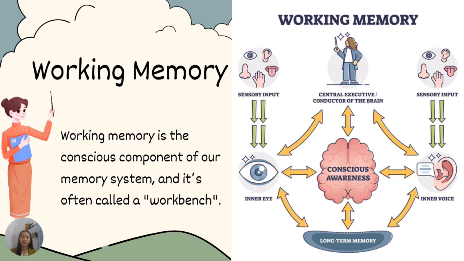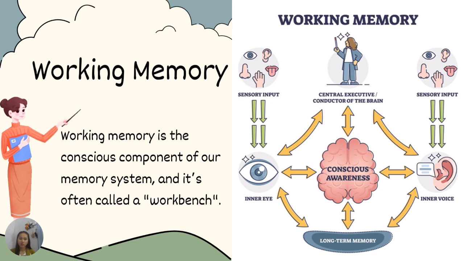To make sense of the experiences, learners construct knowledge. It is the basic principle of cognitive learning theory, and this is where working memory comes into place. Working memory is the conscious component of our memory system. It's often called a workbench because it's where our thinking occurs and where we try to make sense of our experiences by linking them to what we already know.